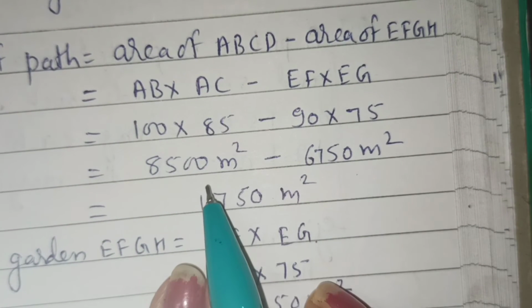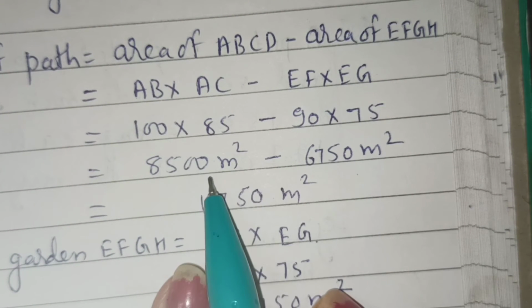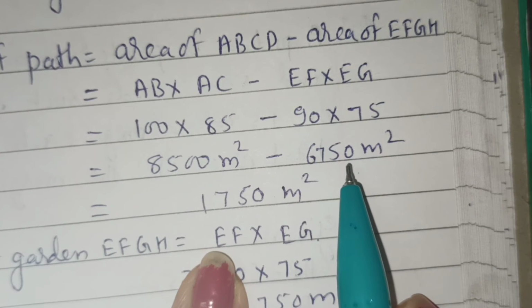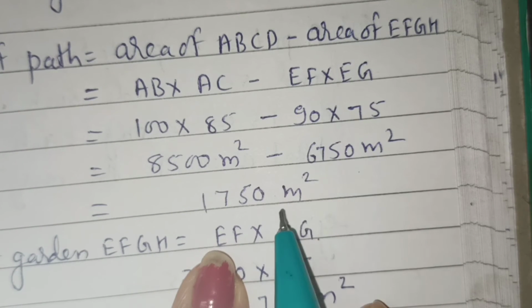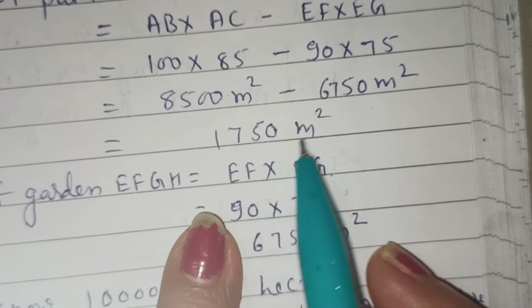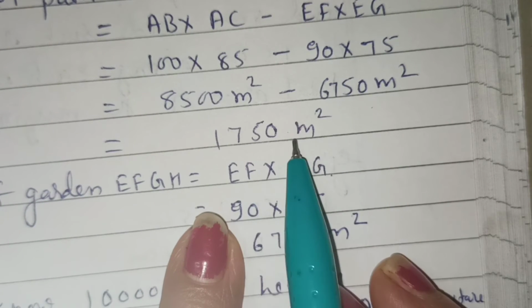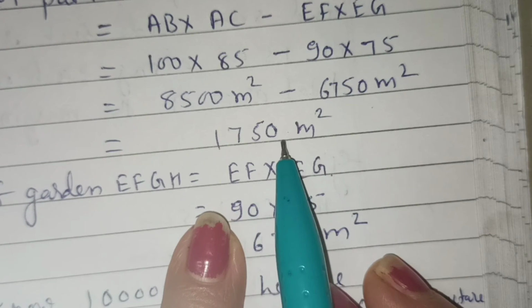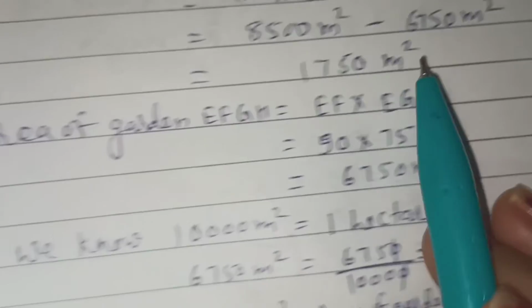We know the values of AB, AC, EF, EG. We will put the values and then find the area of rectangle ABCD and the area of rectangle EFGH. Both are in meter square, and when we subtract, we get the area of path, 1750 meter square. Okay.